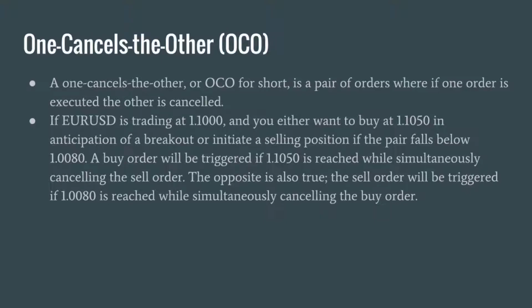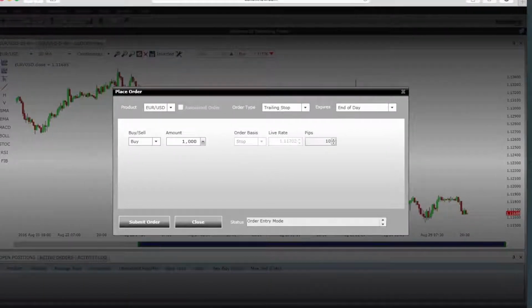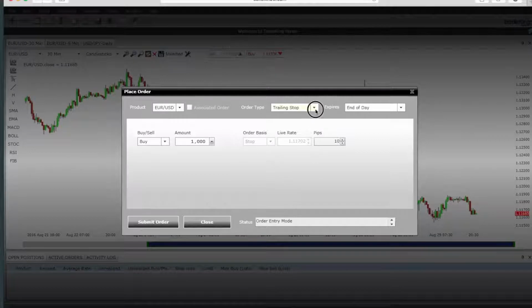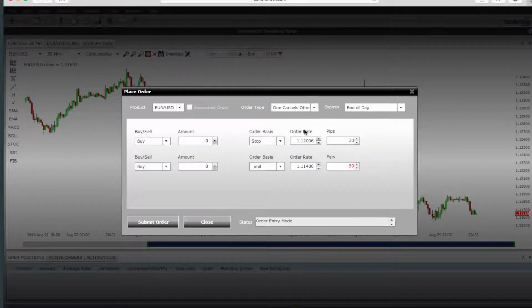So for that, let's definitely go ahead and look at an example. So here we go. One cancels the other, OCO. So this screen shows, and let me try and match this up with our example.